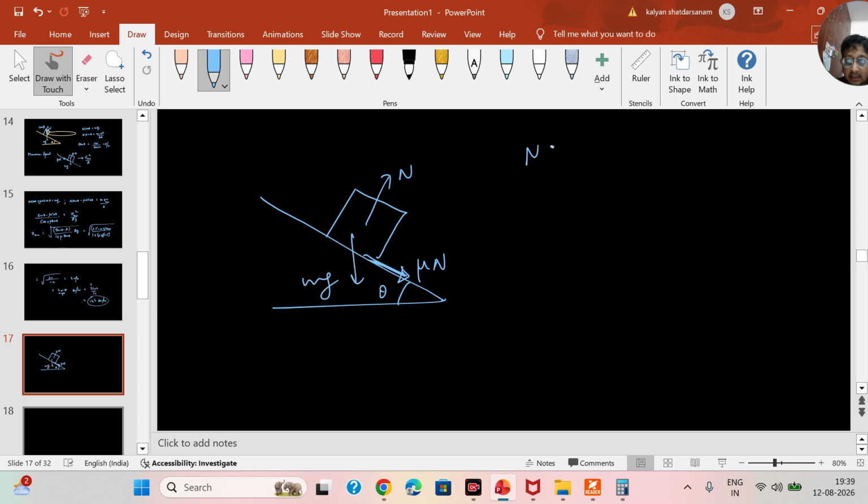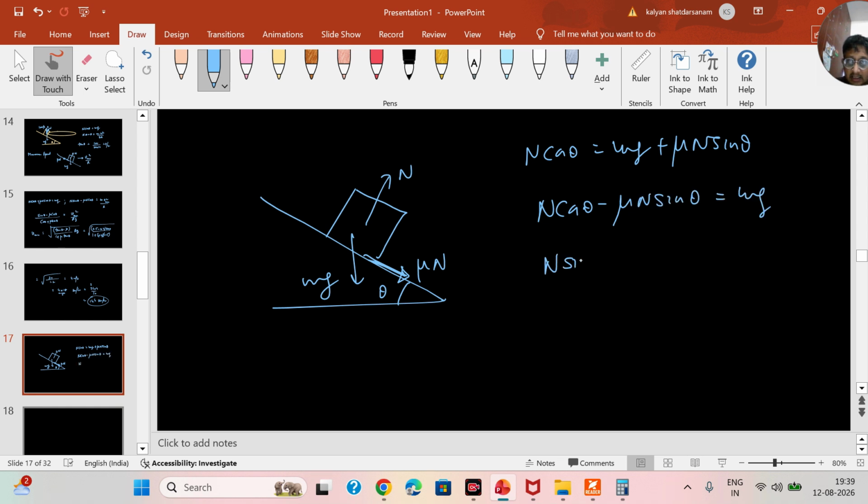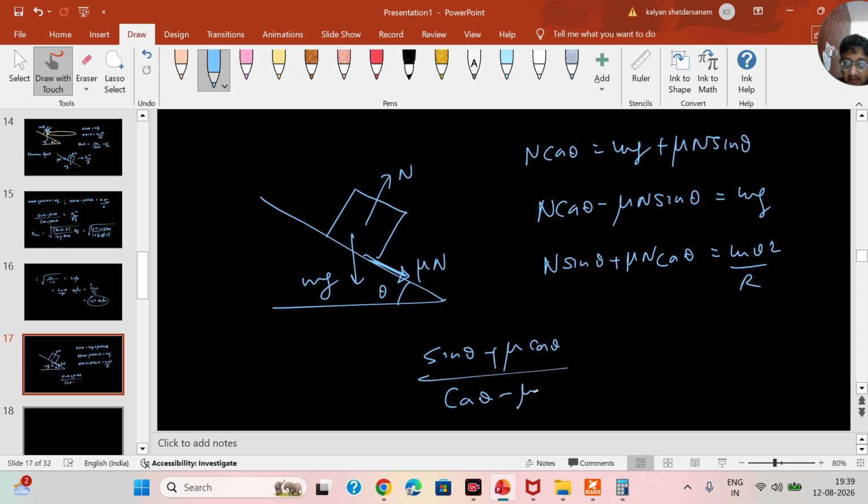So vertically, N cos theta is mg plus mu N sin theta, or if I rearrange, N cos theta minus mu N sin theta is mg. Horizontally, N sin theta plus mu N cos theta is mass into acceleration, m into v square by r. So we'll divide these two. So sin theta plus mu cos theta by cos theta minus mu sin theta is v square by rg.